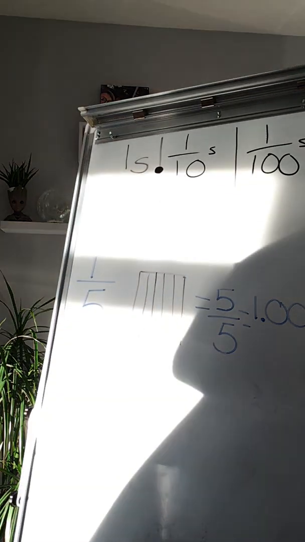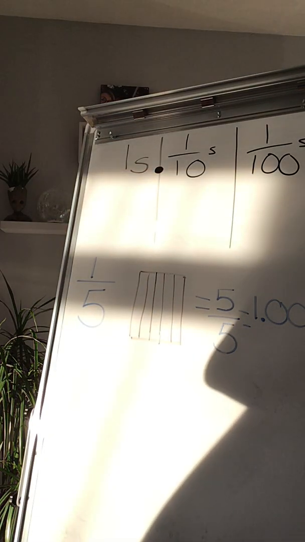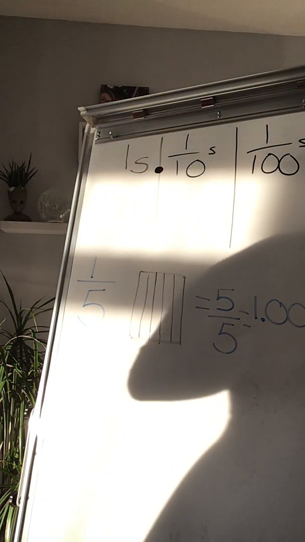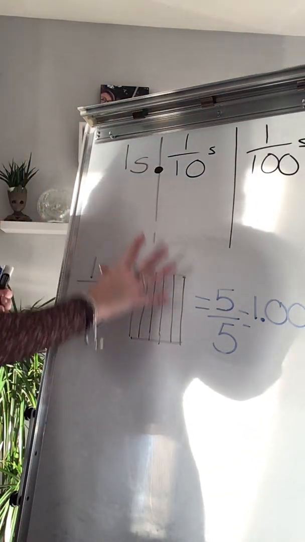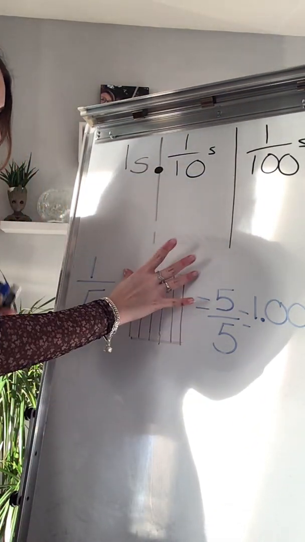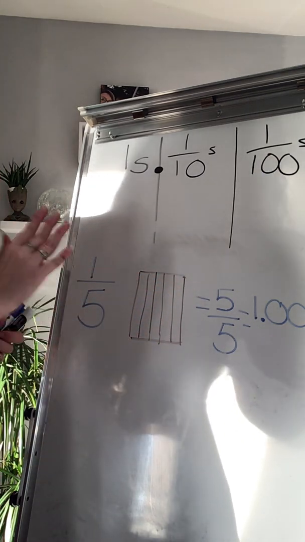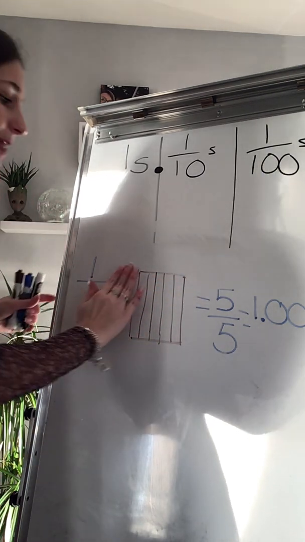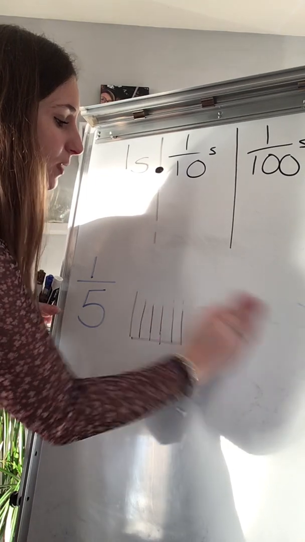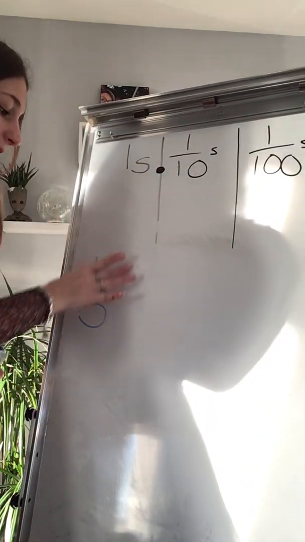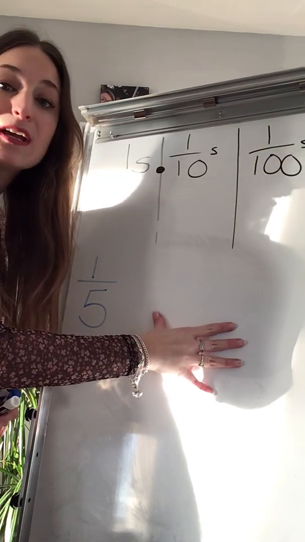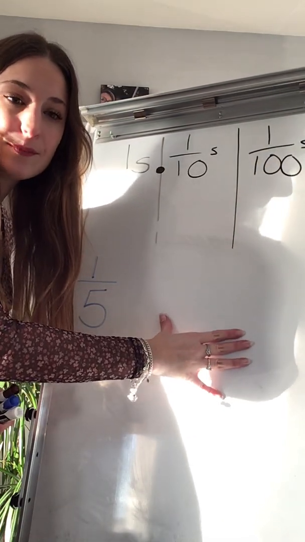So now what I'm going to show you is, if I say to you that this cake is cut into 100 equal parts, because we are going to try to turn a fraction into an equivalent decimal number.